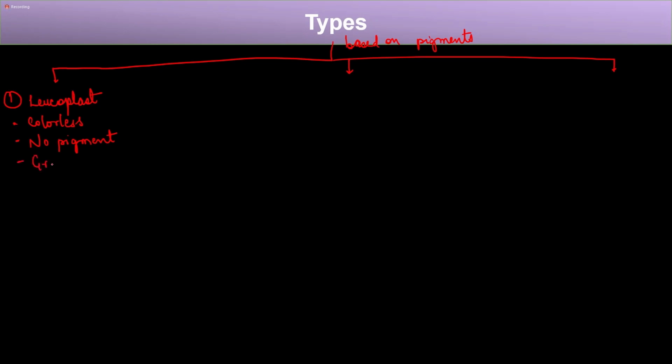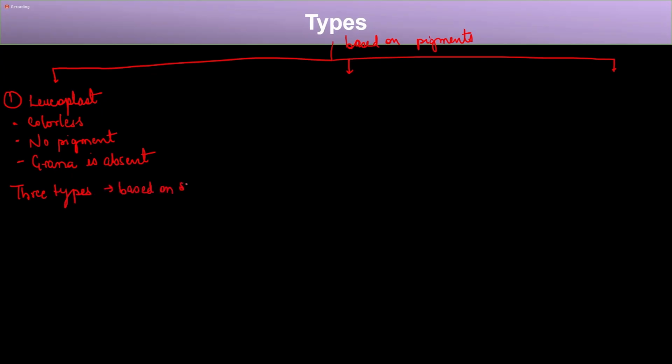Apart from this, they do not have grana. Grana is a special structure that we will see in the next slide. But for now, just remember that grana is absent in leucoplast. Okay. Now, the leucoplasts are of three types based on what they are storing.